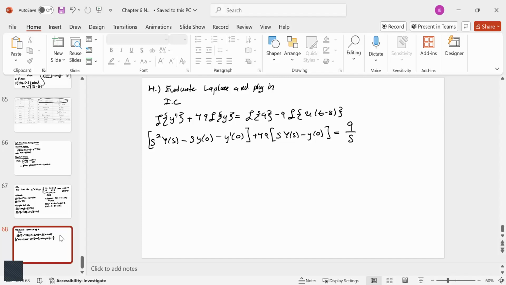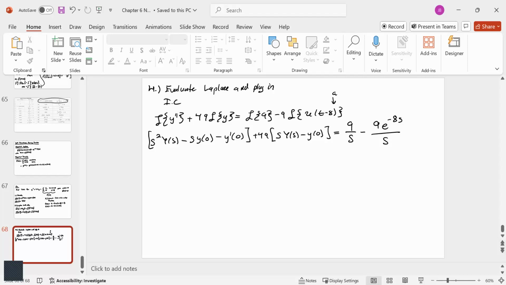And then the Laplace transformation of a step function is going to be e to the negative a, so remember that this is a right here, so 8s, all over s, like that. So that is the Laplace transformation of our step function.